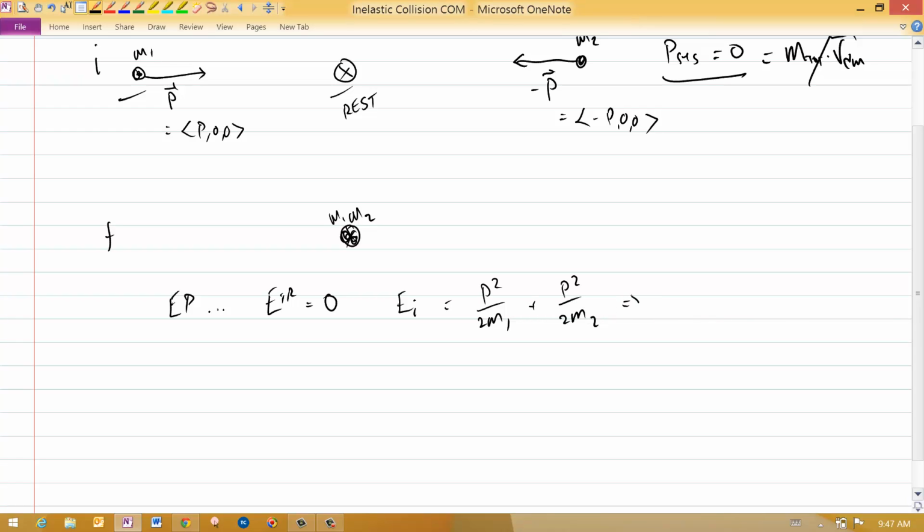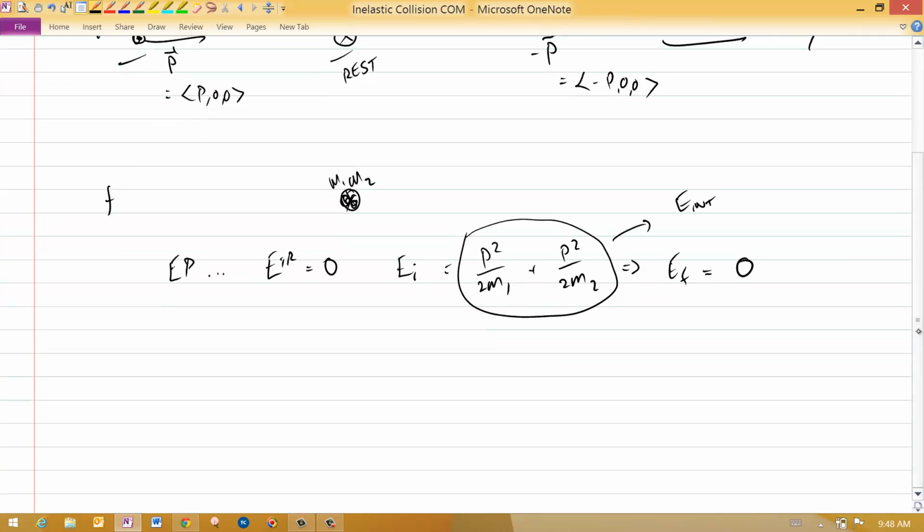And in the final state, the total translational energy is 0. All of the kinetic energy of the initial two states goes into the internal energy. I get an entire 100% conversion of this initial energy to internal energy, either by making the temperature increase, or by compressing some springs, or making little atomic degrees of freedom jiggle faster.